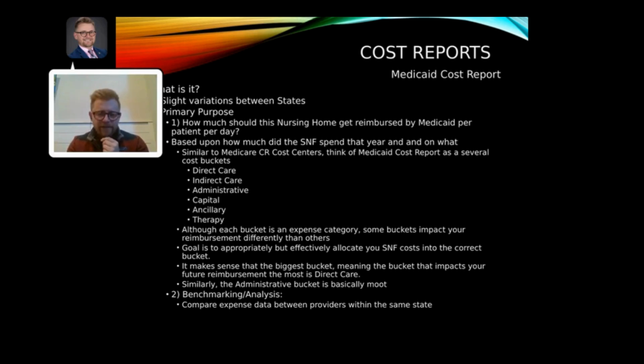Well, the benchmarking within the Medicaid cost report can allow the fiscal intermediary to compare, okay, this nursing home is spending this much on nursing, this nursing home is spending this much on nursing, but this nursing home has much higher acuity, meaning patients who take more resources than this nursing home. And a fiscal intermediary looks at all of that and then determines how much that nursing home should get paid per patient per day from Medicaid.